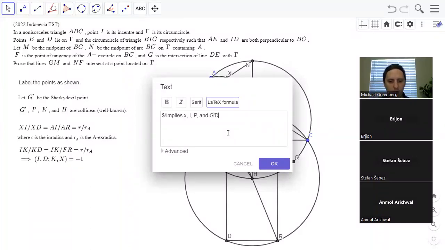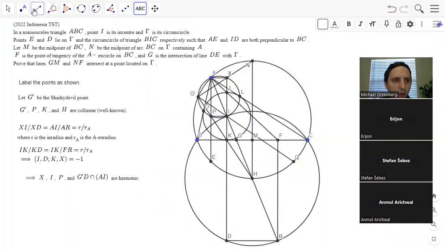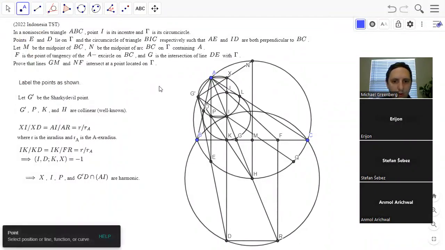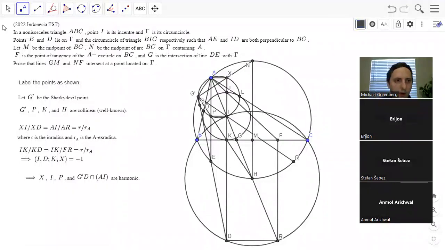G prime D intersect the circle with diameter AI are harmonic. Should we name that point? Let's see. Let's call it S.